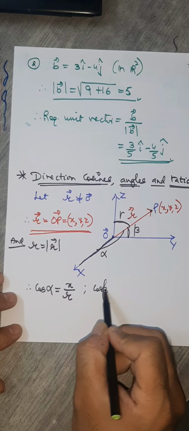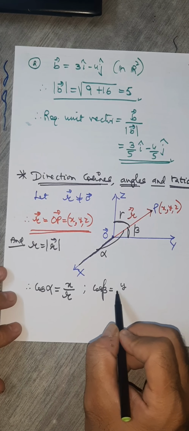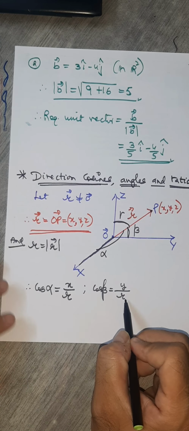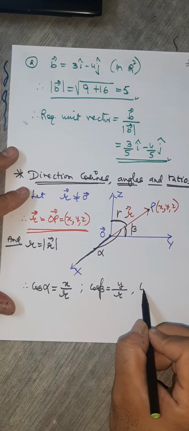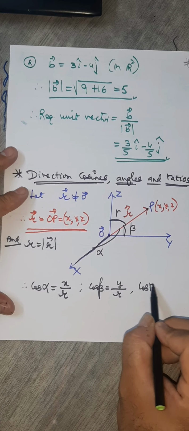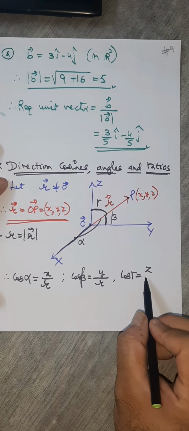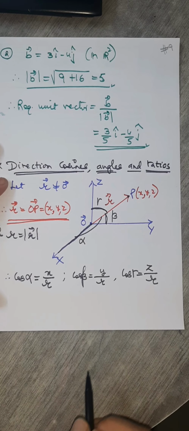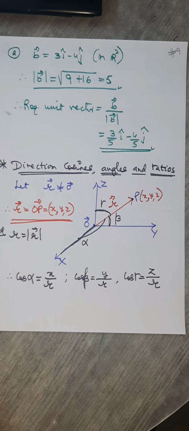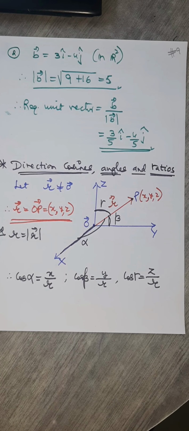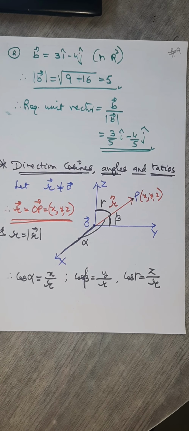Cosine beta is the second component upon its magnitude, and cosine gamma is the third component upon its magnitude. So cos alpha is x by r, cos beta is y by r, and cos gamma is z by r.